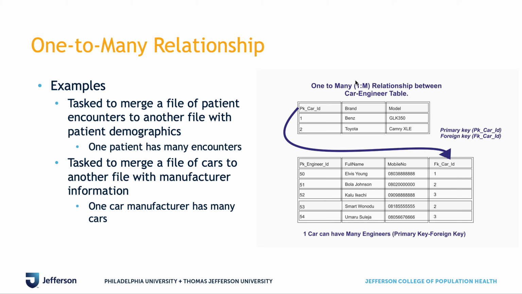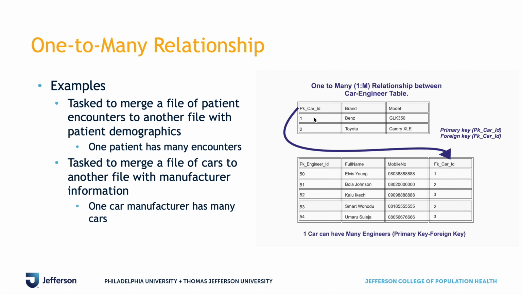So to give a visualization, we'll use this car engineer table, and so here we have two unique cars, and we have multiple engineers. Now, multiple engineers can work on those unique cars. And so if you were to join, who worked on the Toyota Camry, there are 2 engineers with the Toyota Camry.